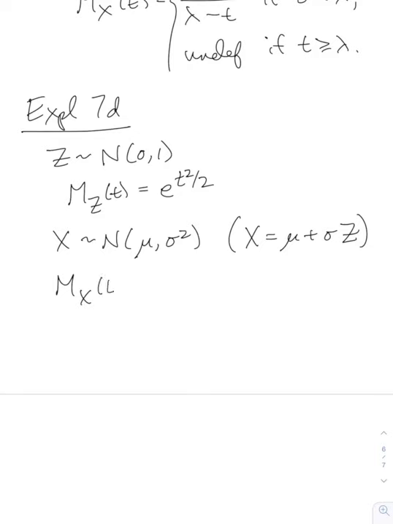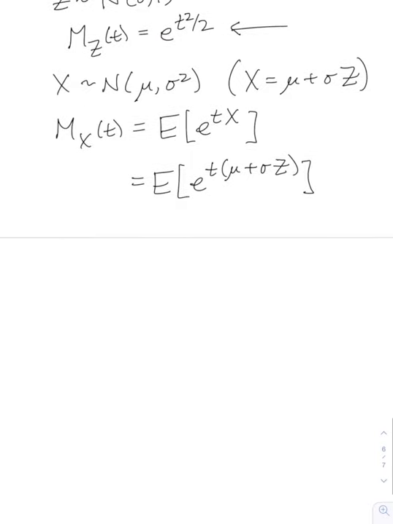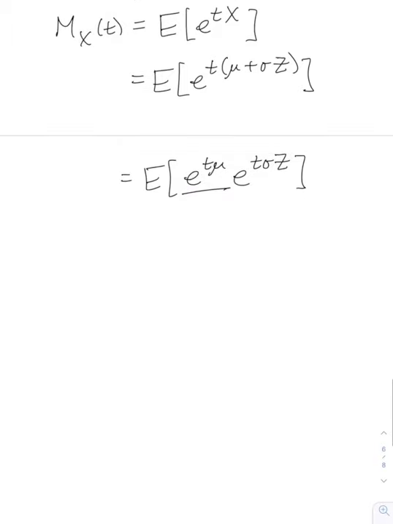Then the moment generating function of X, I will go through this calculation. The standard normal one you can look up in the book; you have to do an integral against the density of the standard normal. But this one would be the expected value of e to the tX, so that's the expected value of e to the t times (mu plus sigma Z). I can write that as e to the t mu times the expected value of e to the t sigma Z. This thing's not random, so I can pull it out of the expectation.